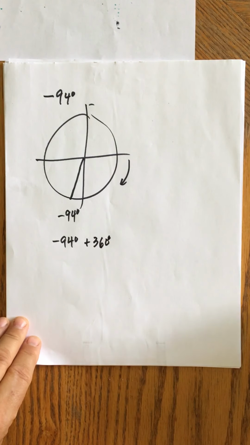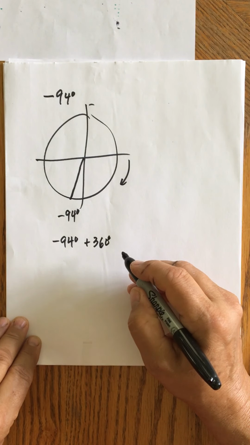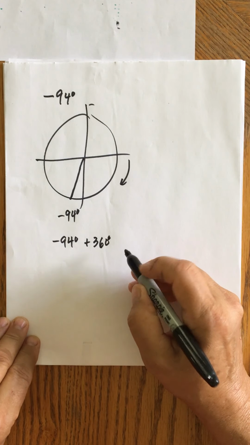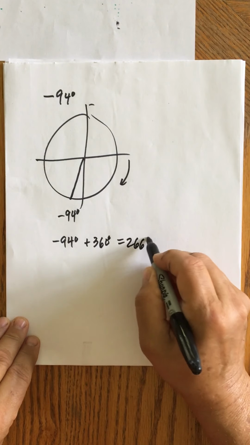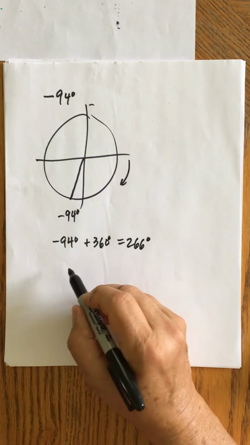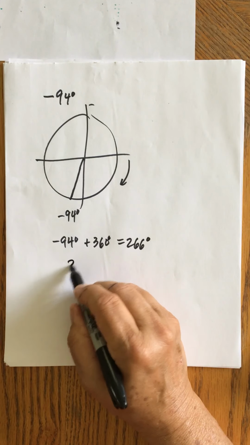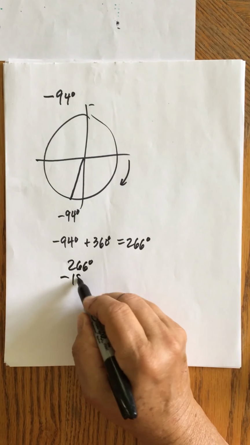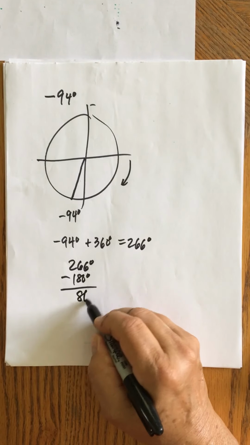That would give me, let's see here, also 266, of course, the one we started with. So it would give you 266, and again, you do the same thing we did before. The nearest x-axis value is 180, right? And that would give you 86.